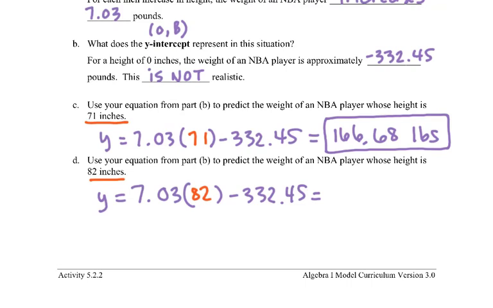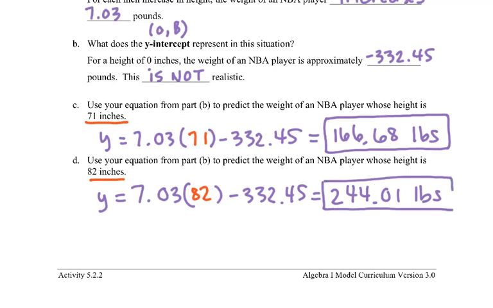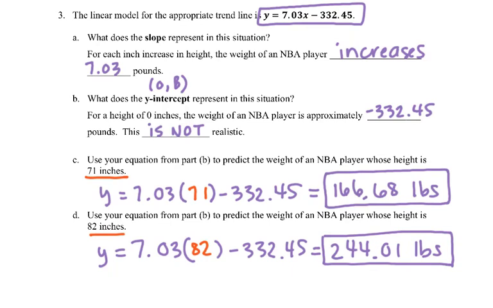And I'm getting 244.01 pounds. So definitely a lot heavier. But they're not quite, but almost a foot taller. Right? A little bit less, but definitely significantly taller. So that's how you can use these linear regression models to make predictions that do make sense, even if our y-intercept may not make any sense in the real world.